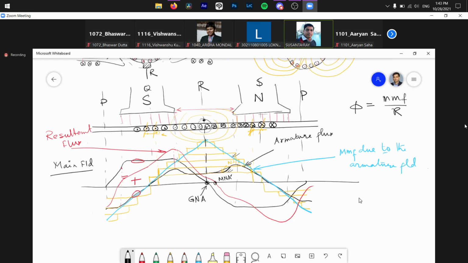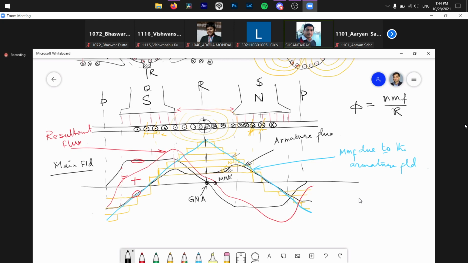Did you understand this? Where was the magnetic neutral at first? The main field was crossing at point R. And we can call that point geometrically the center, that is called the geometric neutral axis. Previously your magnetic field distribution was symmetric, as there was only the main field.